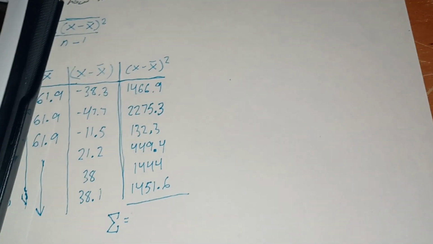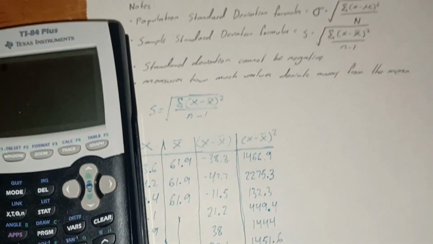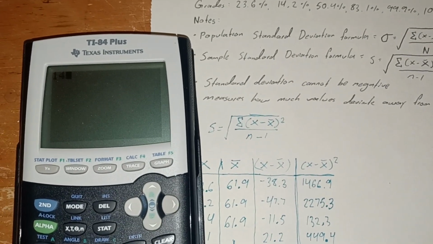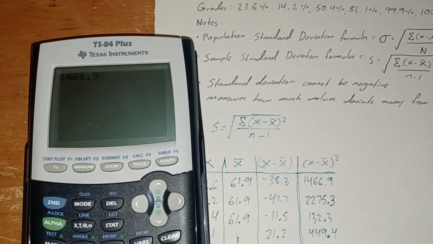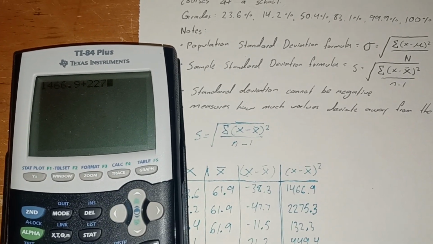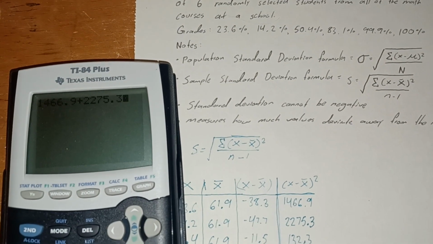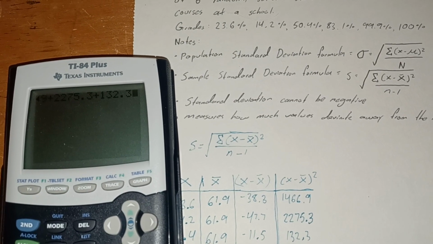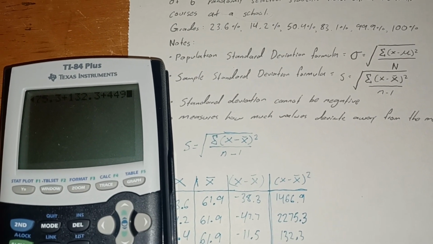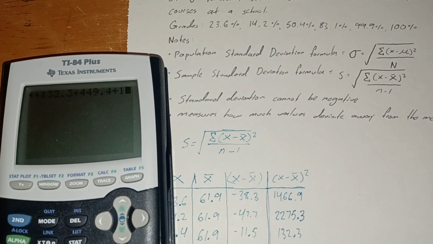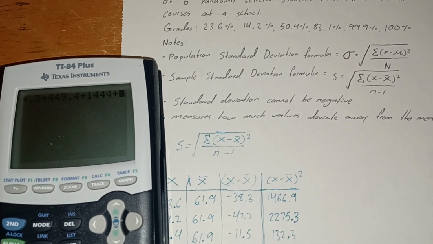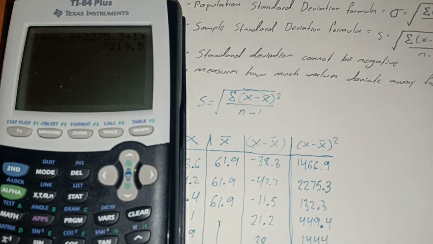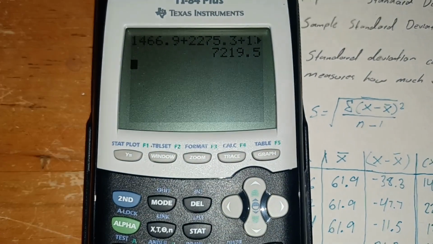So simply add all of them. 1466.9 plus 2275.3 plus 132.3 plus 449.4 plus 1444 plus 1451.6 equals 7,219.5.